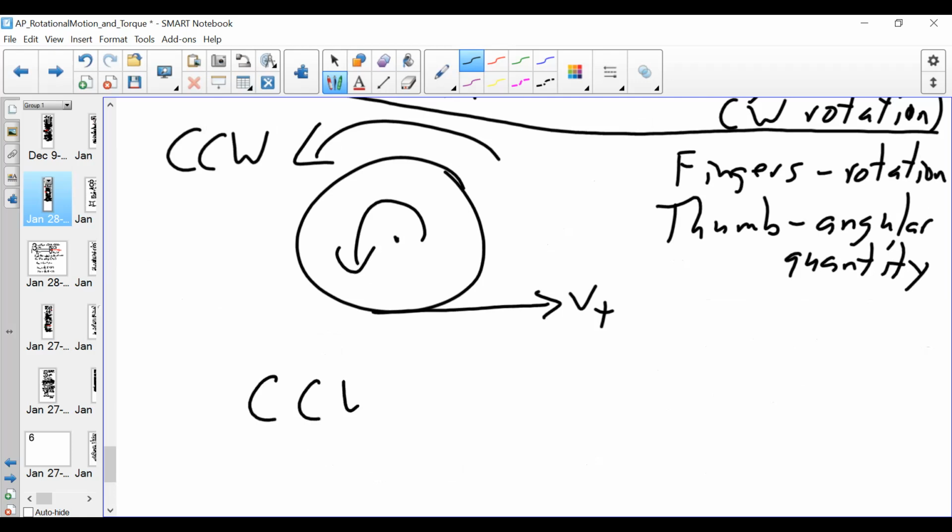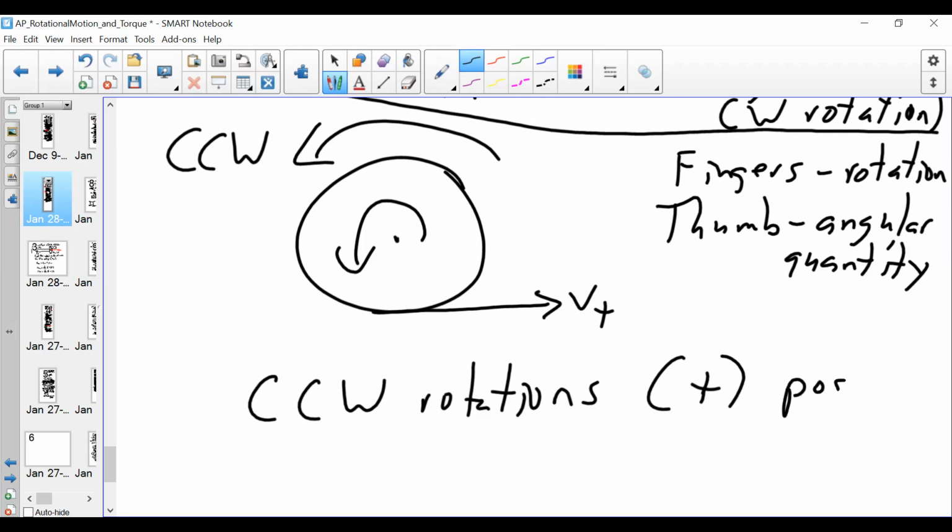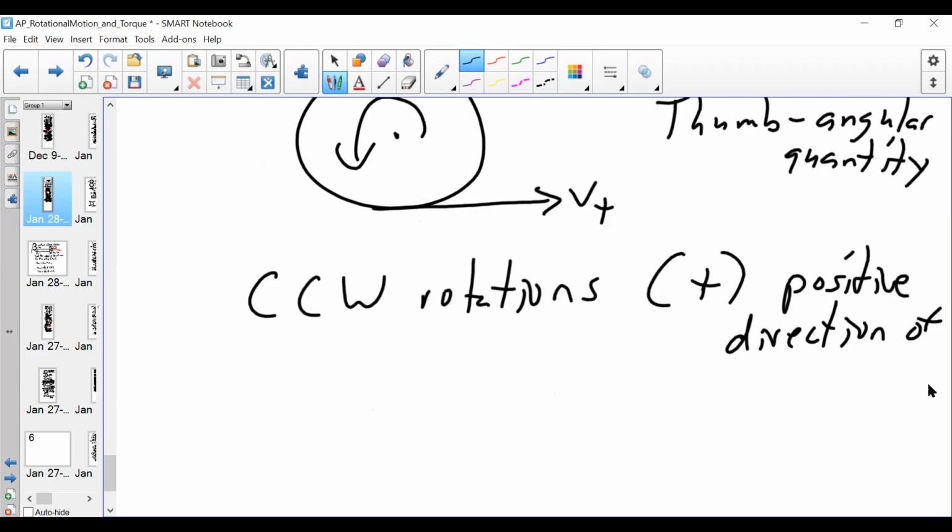So counterclockwise rotations are positive, positive direction of angular quantity.